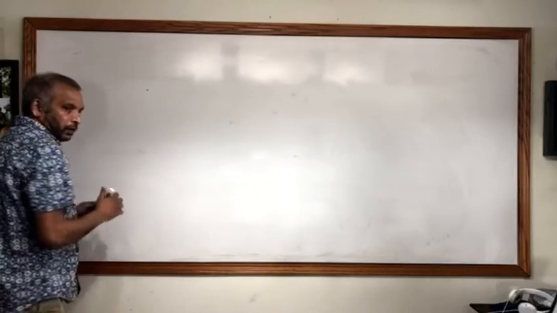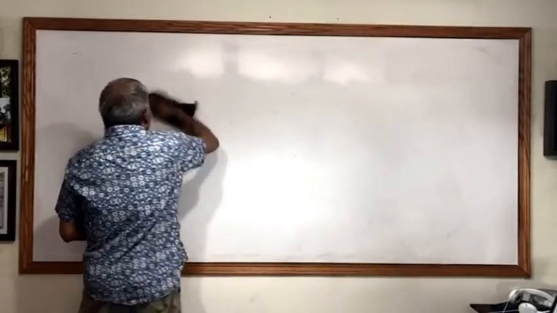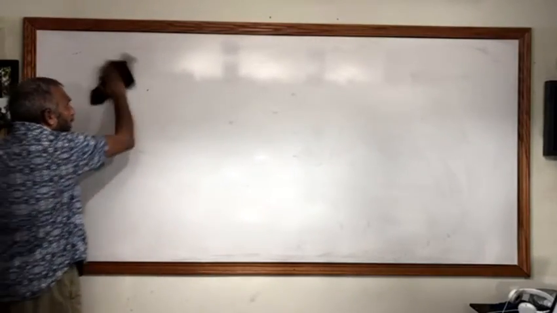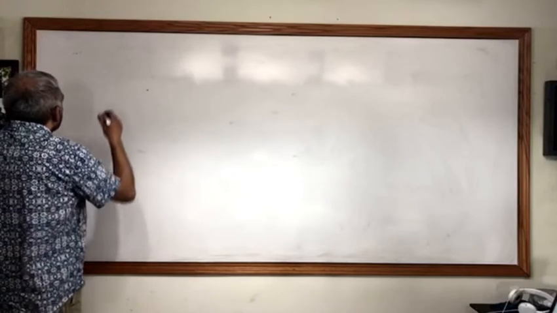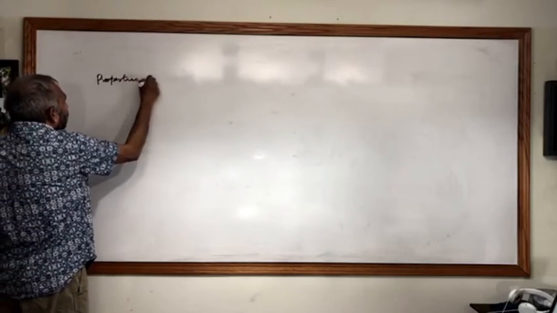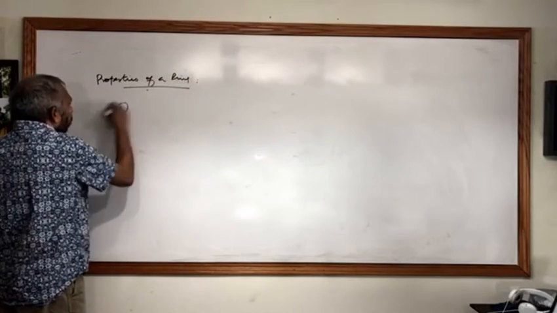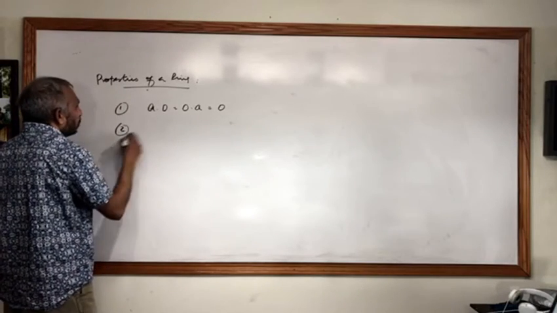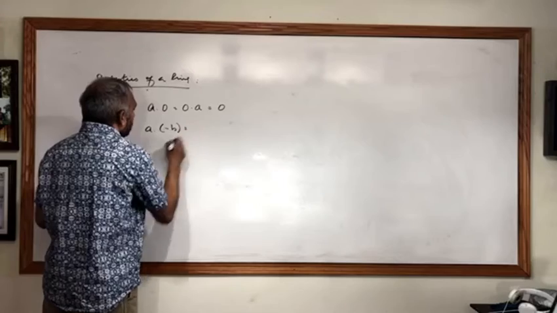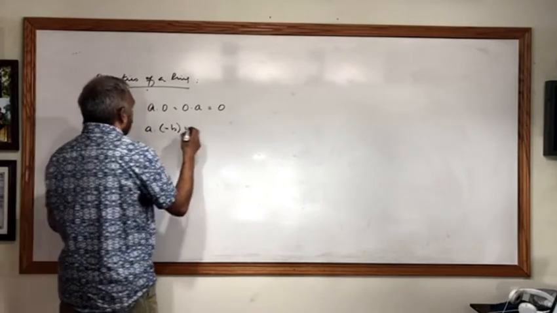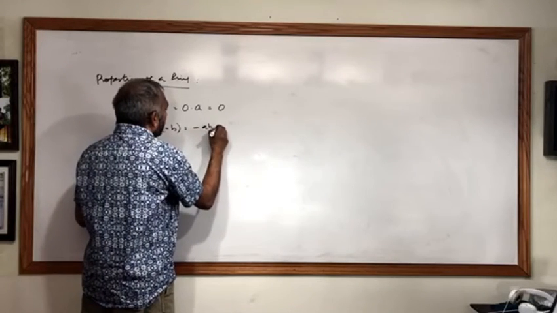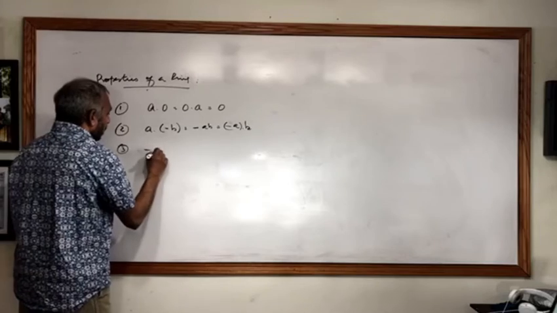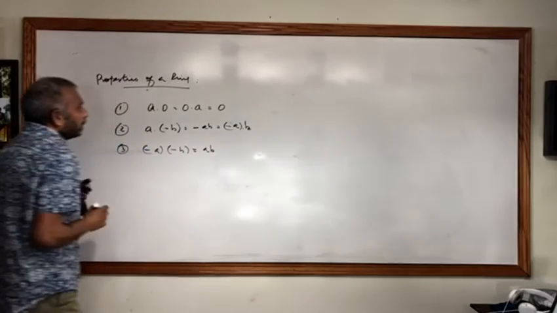Some simple properties of a ring. I'm not going to prove this, it's all very simple, but we are going to use it, so don't get confused. Properties of a ring. 1. A times 0 is equal to 0 times A is equal to 0. 2. A times minus B is equal to minus AB, is equal to minus A times B. And the third one is minus A times minus B is equal to AB.